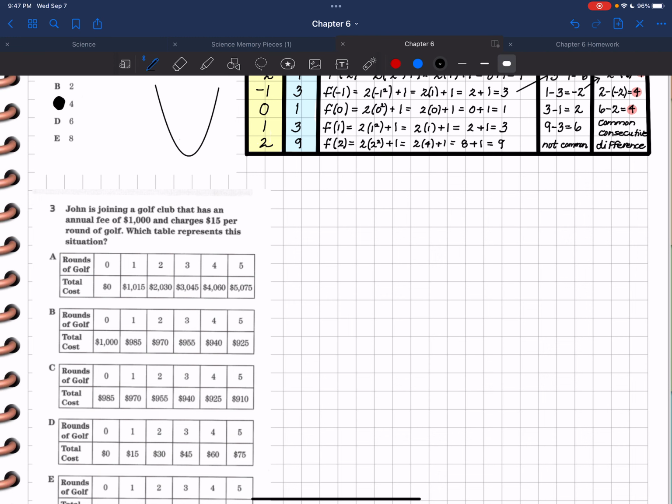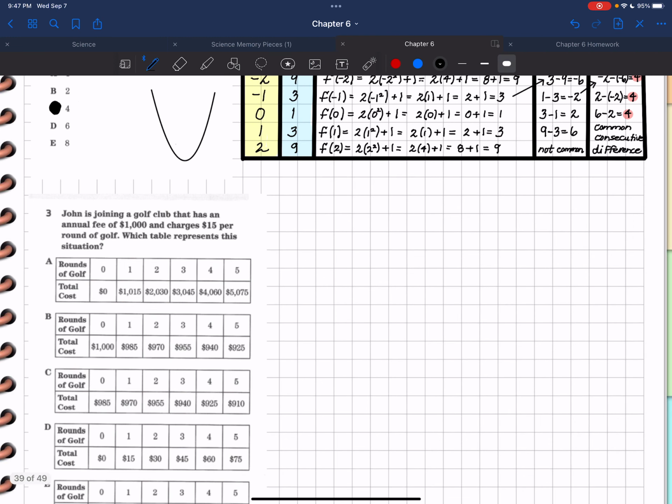Well, I'm going to set up an equation, first of all. So the cost is the price per round times the number of rounds plus the fee.